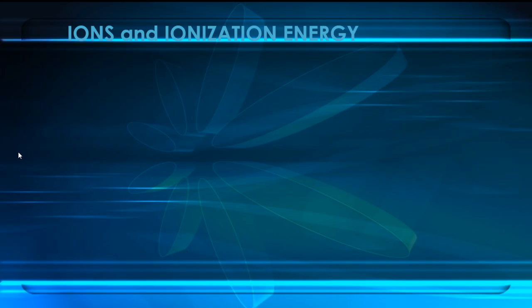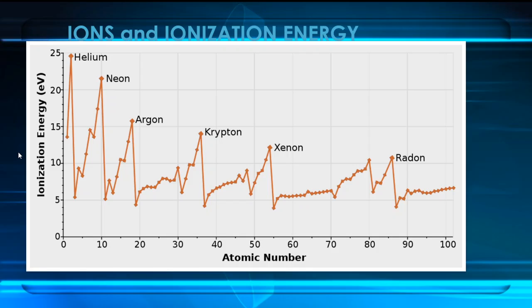Okay, ions and ionization energy. So this is kind of just a graph of what happens. Remember, I said that ionization increases as it goes from left to right. So if we look at the atomic numbers, we have atomic number 1, this is hydrogen, and so it's on the far left of our periodic table.